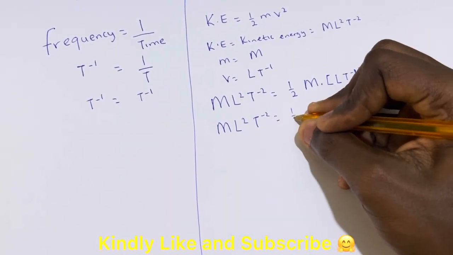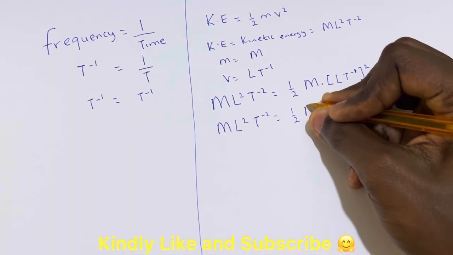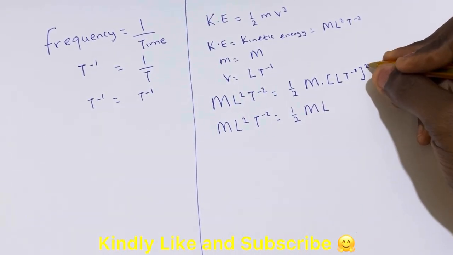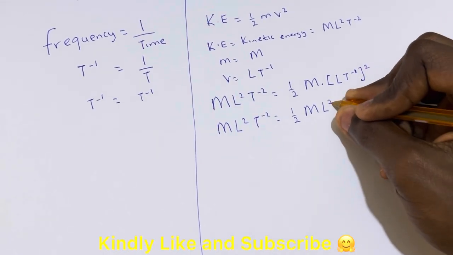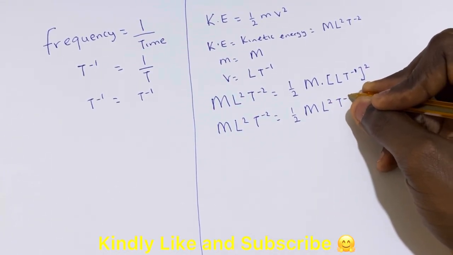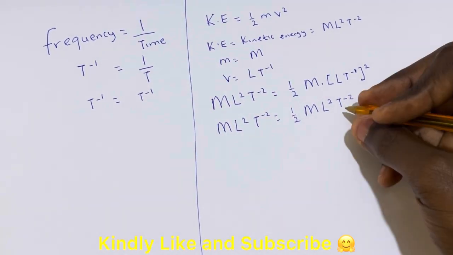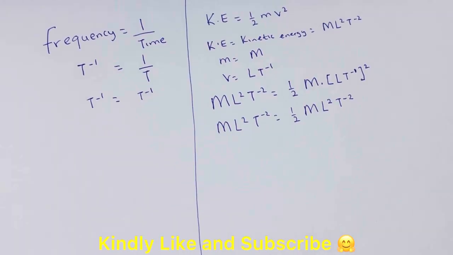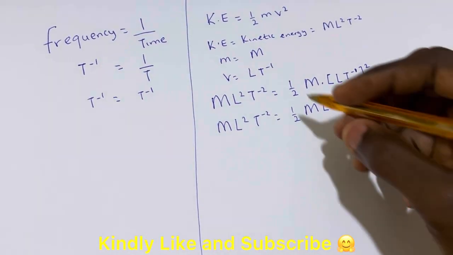So now we want to remove the bracket. From indices, whenever there is a bracket, it multiplies everything here. So L^2 T, negative 1 times 2 is negative 2. So is this dimensionally correct or not? You said it's wrong. Why? Because of the half.